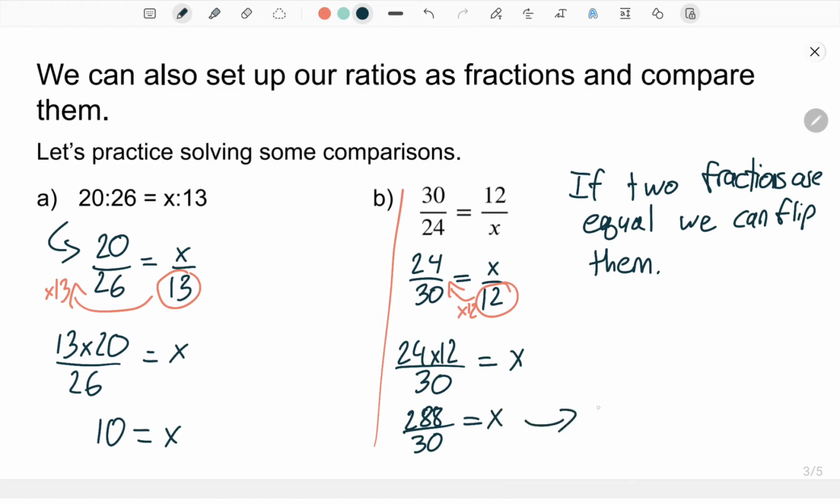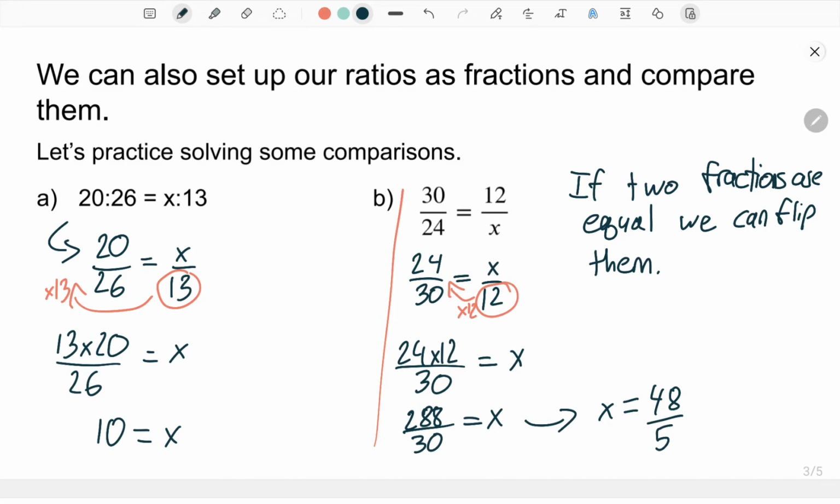And we can reduce that for sure. That will reduce to, let's take a moment to figure out what that's going to reduce to. Yeah, so we should have something like, and we'll get something like 48 over 5.